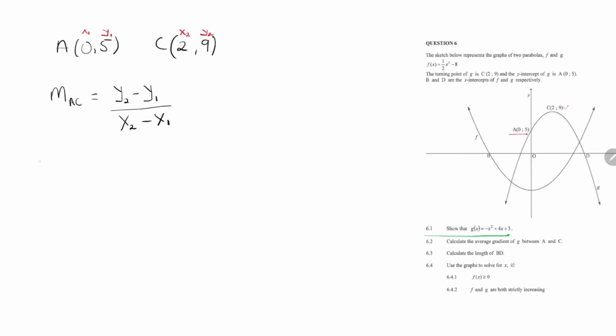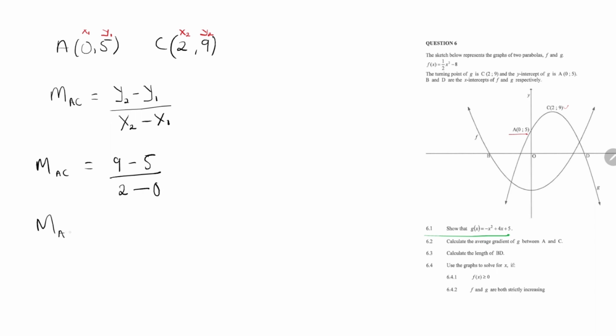So that means the average gradient between A and C will be equal to y2, which is 9, minus y1, which is 5 here. So we would have 9 minus 5 over x2, which is 2, minus x1, which is 0 over there.